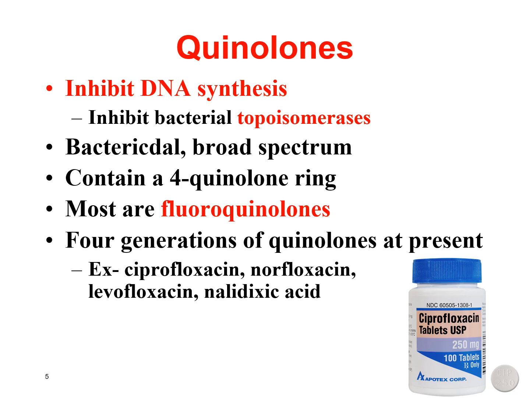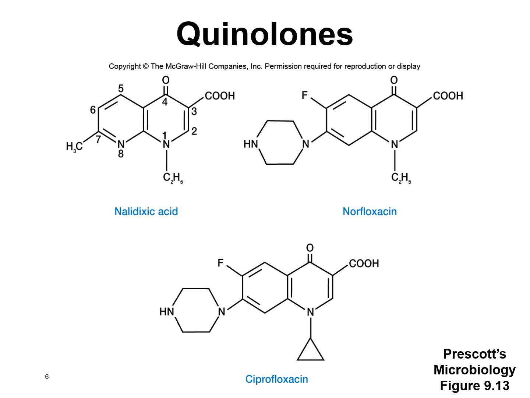Probably the most famous quinolone or fluoroquinolone that you might be familiar with is ciprofloxacin, or sometimes called Cipro for short. So you may have seen that used in patients before. Looking at the chemical structure, you can see the fluorine atom that's been added to these quinolones to make them fluoroquinolones.